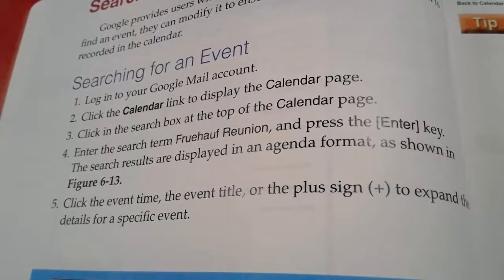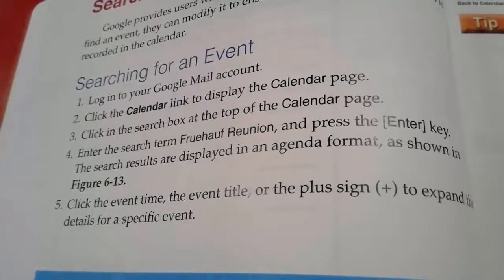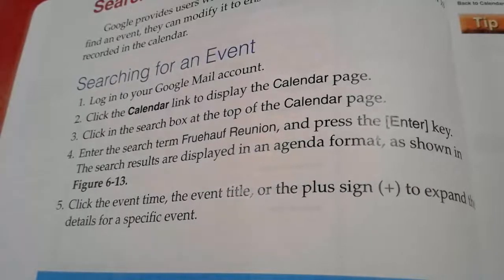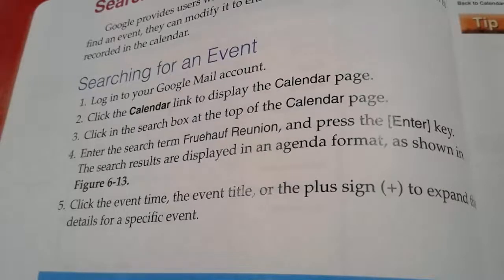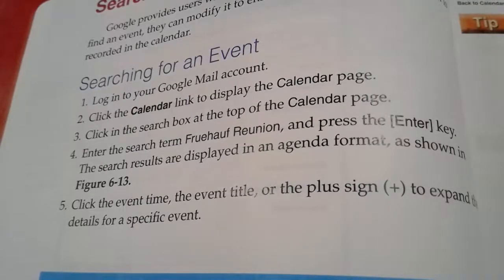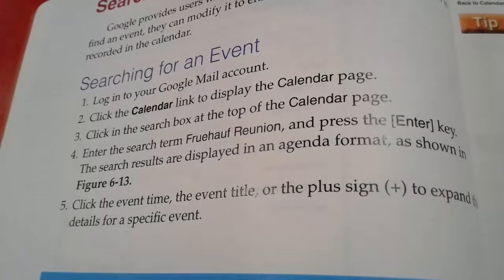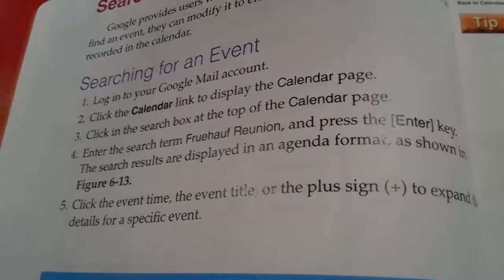The key is remembering something about what you're looking for, such as the reunion. You may not remember the German name, but you may be able to remember the word reunion. You may be able to remember a week or a month, but not the exact day. All of those things can really help in doing a search.